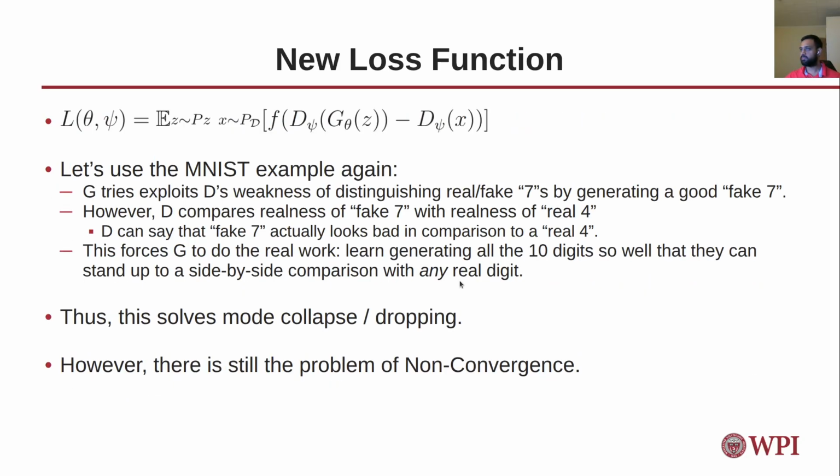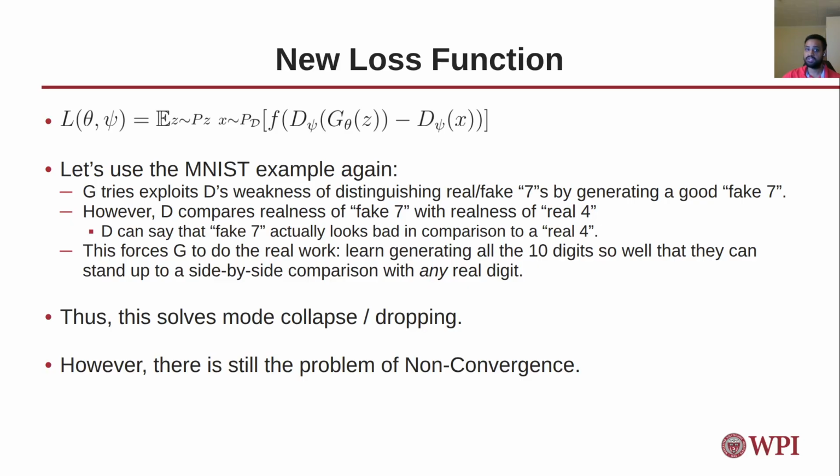So let's use the MNIST example again to understand this loss function. Let's assume G is trying to exploit D's weakness of distinguishing real and fake 7s by generating a good fake 7. However, this time D compares the realness of the fake 7 generated by G with the realness of a real 4.